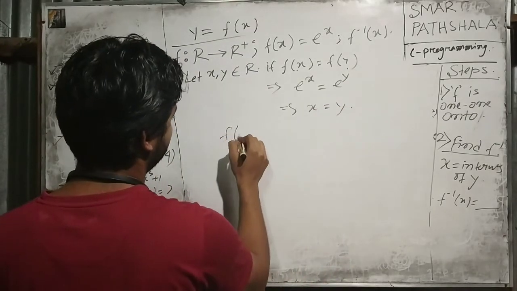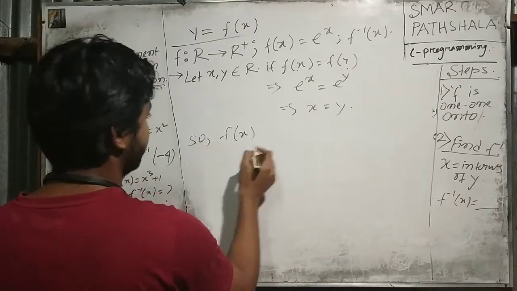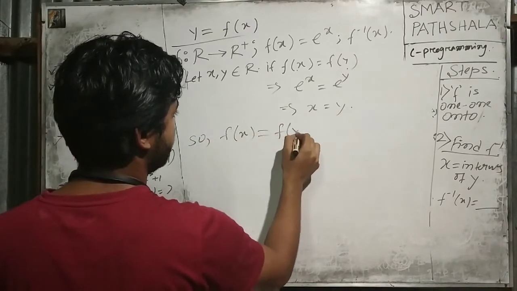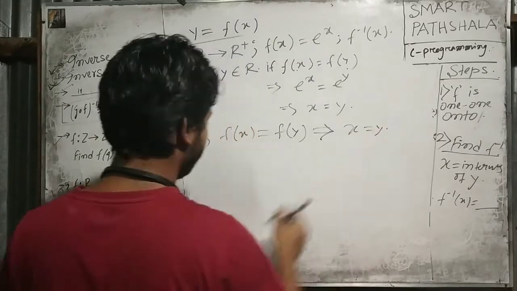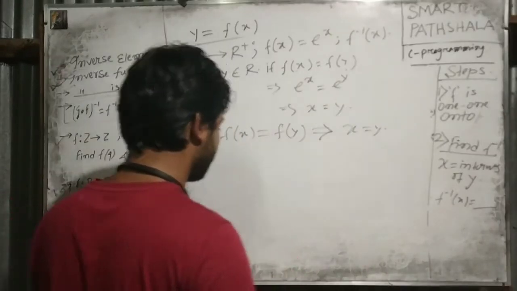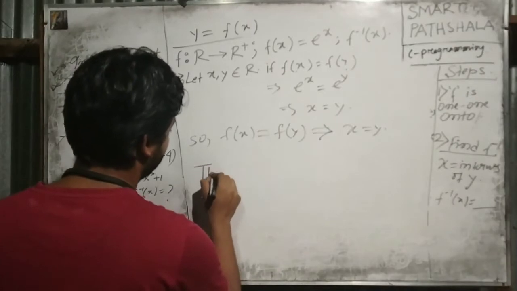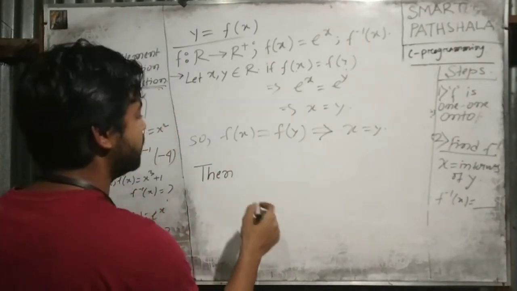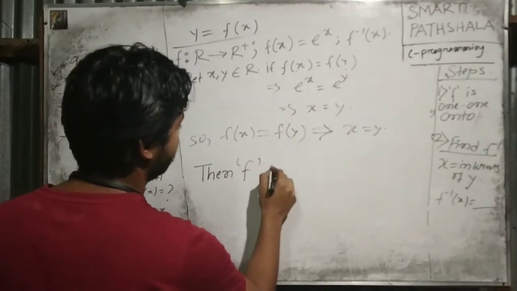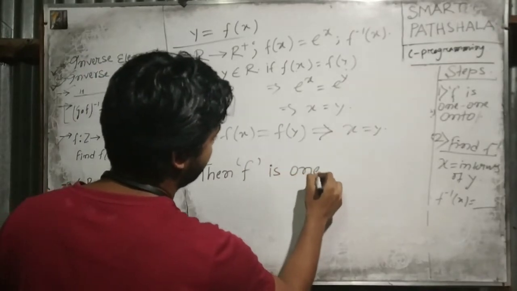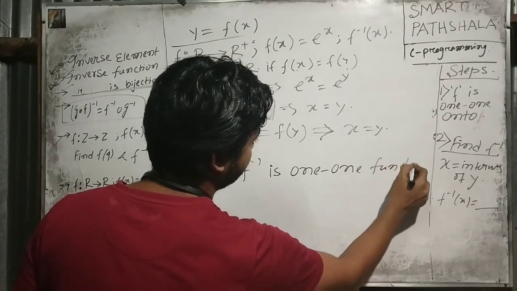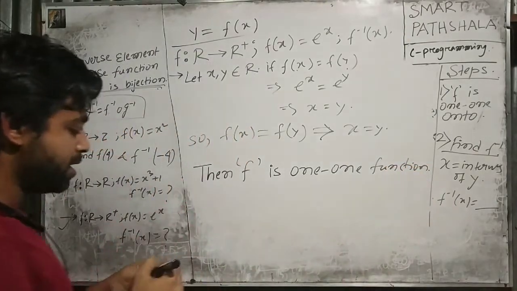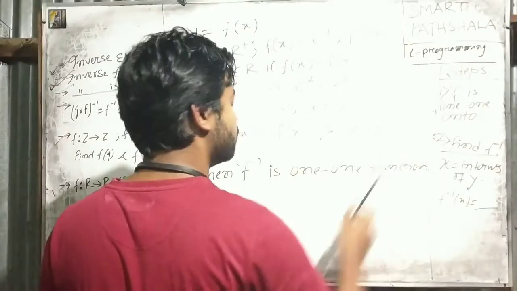So f of x equal to f of y implies that x is equal to y, right? Then we can obviously write that f is one-one function, right? So one thing is over.